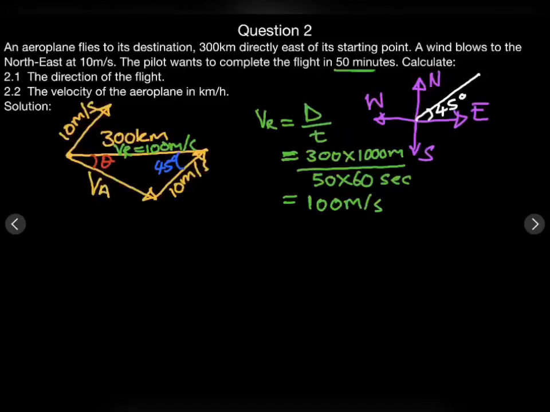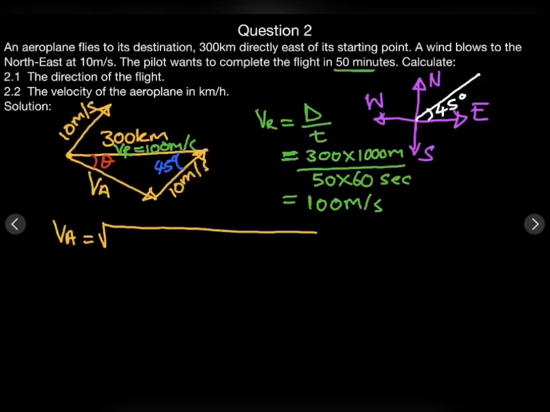To get VA, we use the cosine rule. As we can see, we have the angle which is opposite to that side VA, and also the adjacent sides, which are represented by the resulting velocity, 100 meters per second, and the wind velocity, which is 10 meters per second.